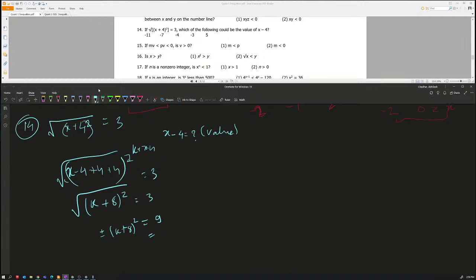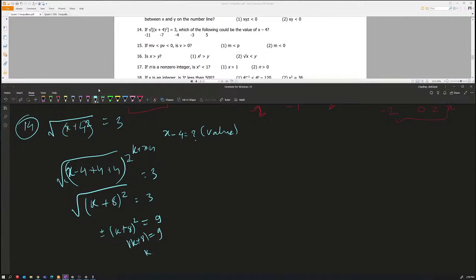And we take the root of this. Already it is plus minus because it is kind of a mod of root x. So this could also be written as mod of k plus 8 actually.